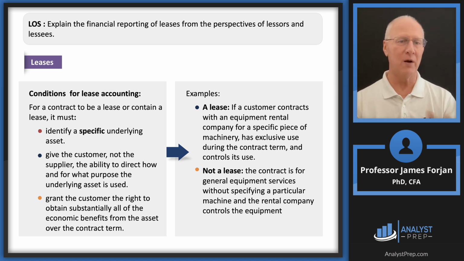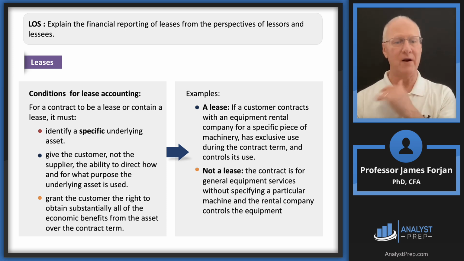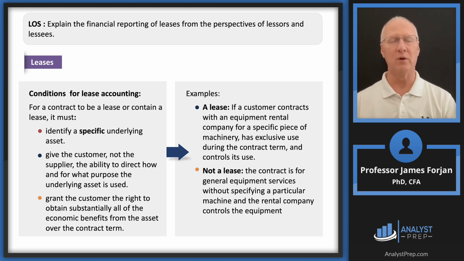It's not identical, but it helps you get the idea of what these conditions for lease accounting might be. Then the customer gets the idea, hey, I'm going to use this asset for this particular purpose. And then there are certain rights that the customer gets. There are 2 examples over there on the right-hand side. Hopefully you've read those as I've gone over the left-hand bullet points. But those should be obvious.